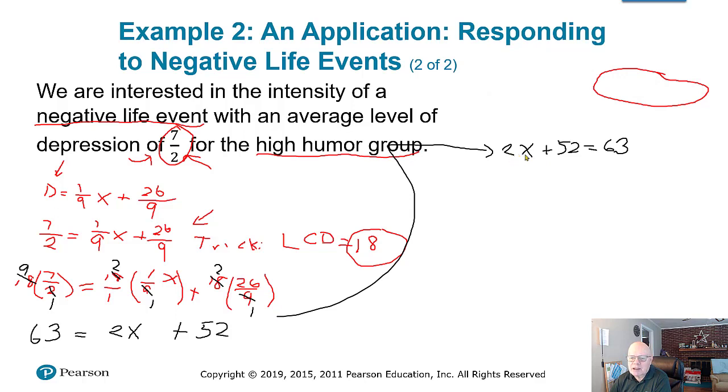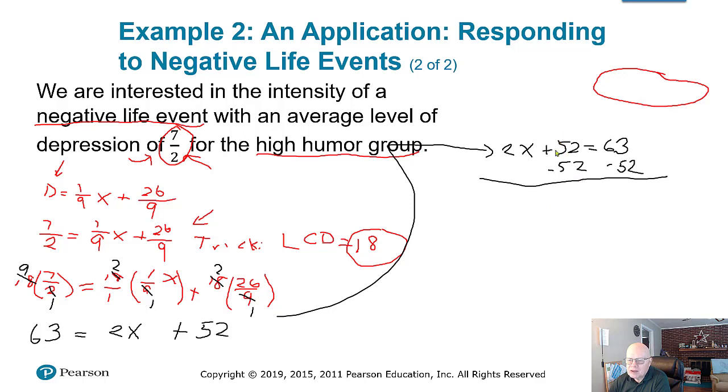All right, next. I've got all the x's on the left side. That's good, but I've got a number next to the x. So I need to subtract 52 from both sides. That way it'll still be equal. I'll still have an equivalent equation. Still talking about the same solution x. Now, what does that leave me with?